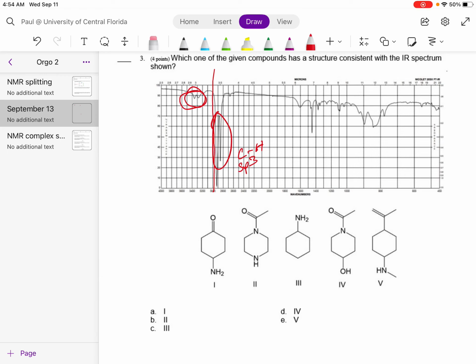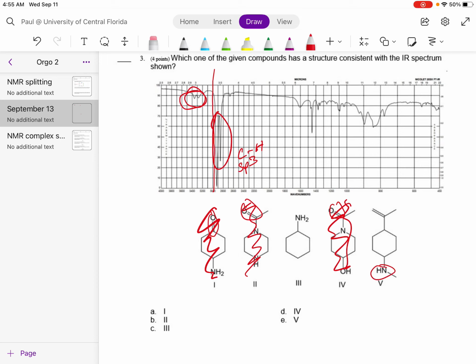When I see some of the examples here in the answer choices, I see carbonyl, carbonyl, carbonyl. And so there's no big stretch around 1700, so I can just automatically eliminate those guys. Okay. And then it's just left between 3 and 5.